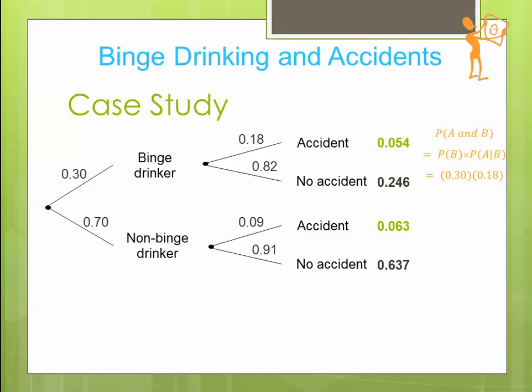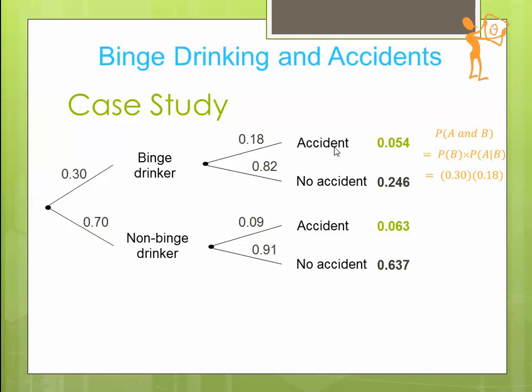So we know now the probability that a randomly selected student is a binge drinker that's been in an accident. It's 0.054. And on down the line. But what we wanted to know is this: what's the probability that they've been in an accident? We don't care, for the question we're asking, whether they're a binge drinker or a non-binge drinker.